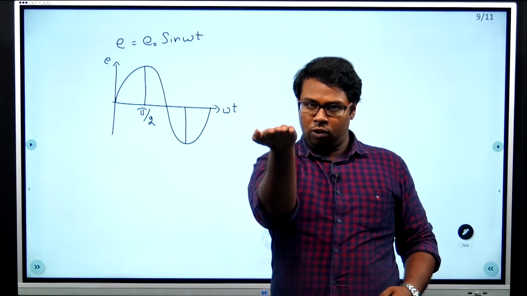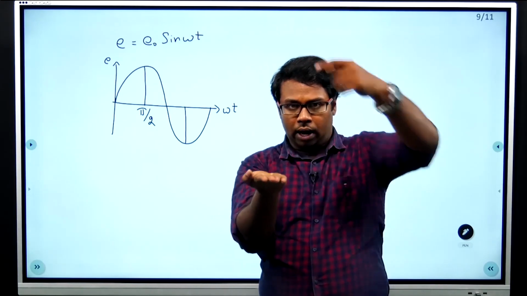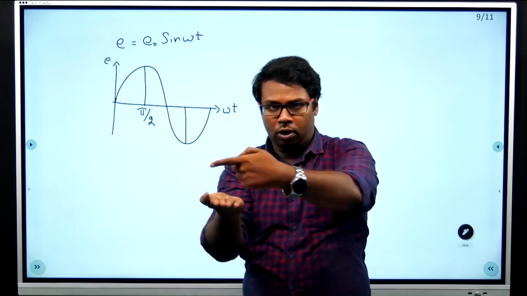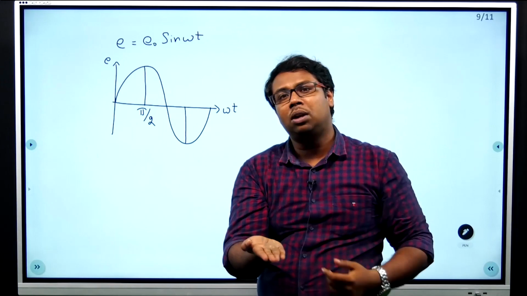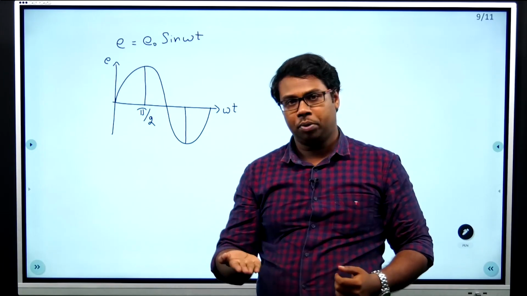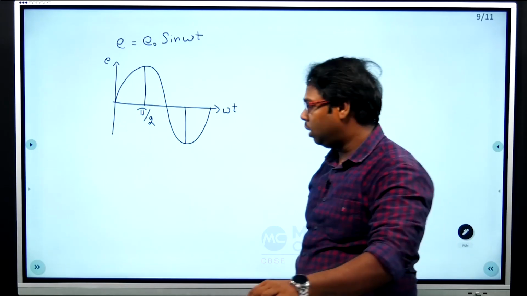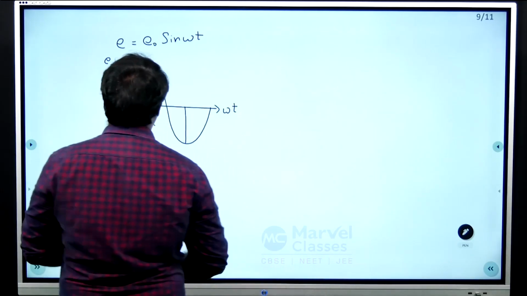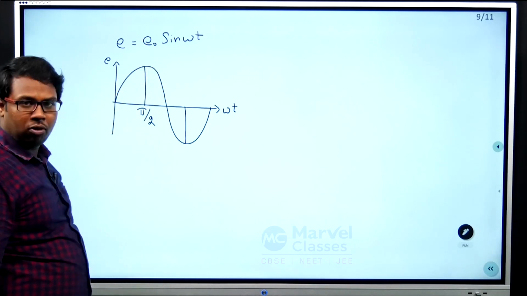Only if your coil is like this, the area vector will point up. And if the magnetic field is moving from left to right or right to left, that magnetic field vector will be perpendicular to your area. Only then your EMF will be maximum. Please make a note, very, very important. Only if your omega t is 90 degrees, your EMF is maximum.